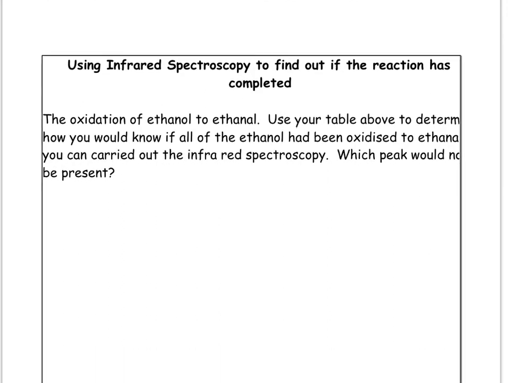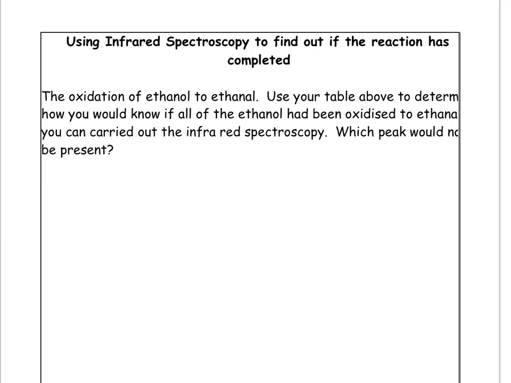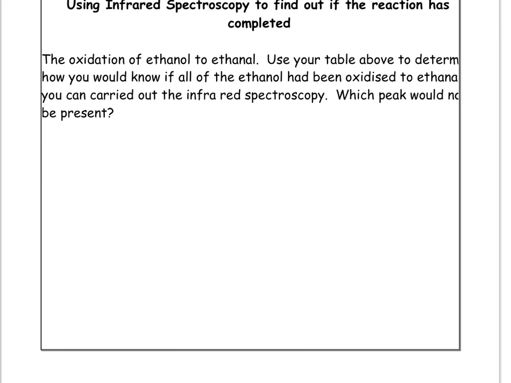So, a little bit more of an open question. Oxidation of ethanol to ethanal. Use your table above to determine how you'd know if all of the ethanol had been oxidized to ethanal. If you carried out infrared spectroscopy, which peak would not be present? So we've got ethanol to begin with, we turn it to ethanal.